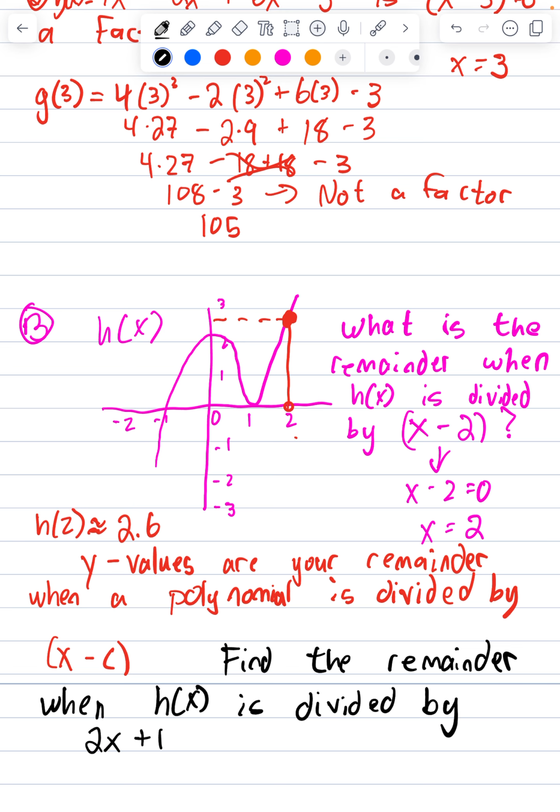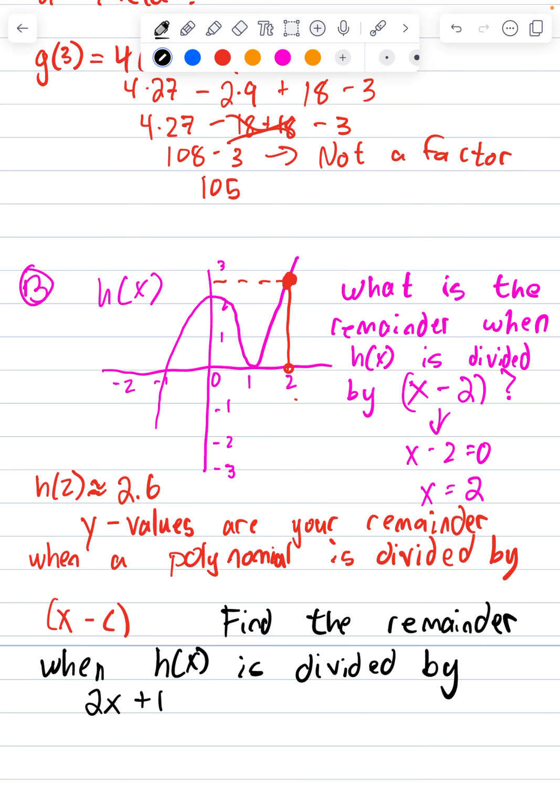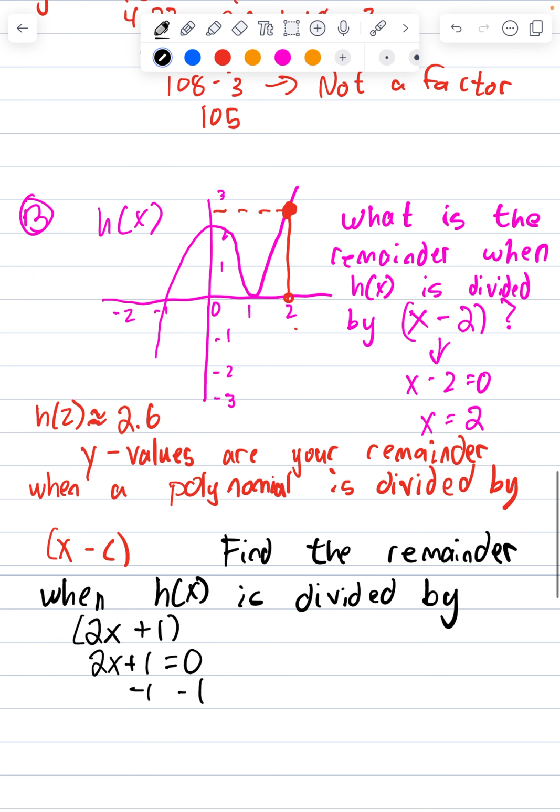First, you have to find the x value. I'm going to set 2x plus 1 equal to 0. I subtract 1 on both sides and get 2x equals minus 1, so x equals negative 1 over 2, or negative 0.5.